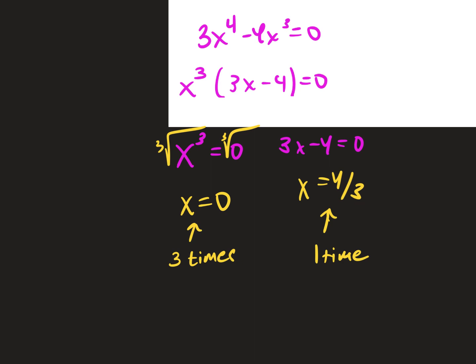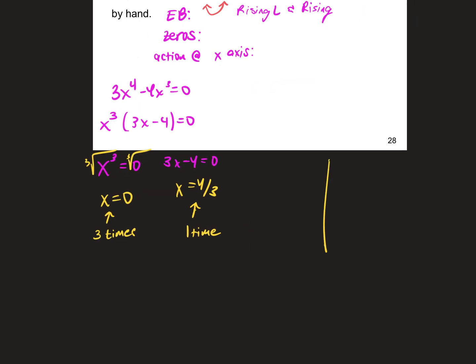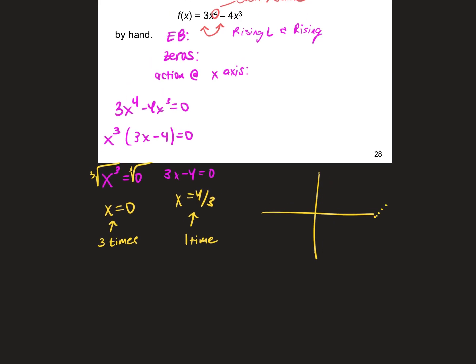So if you were asked to sketch this graph, okay, so let's just talk about how we would sketch this graph. Think about the end behaviors. What are both of the ends doing? They're rising, so I'm going to put 2 up arrows here. What are my intercepts? Where does this cross the x-axis? At 0 and what? 4/3? Okay. And what does the graph do at both of those places? Is it going to go through or is it going to bounce?